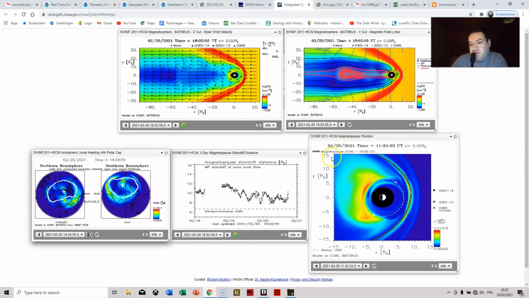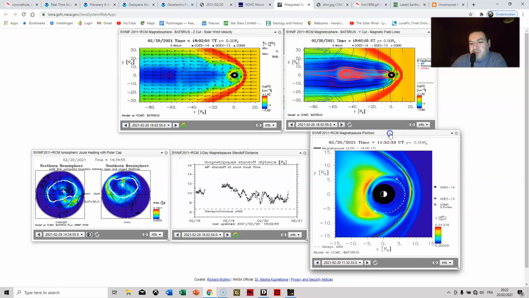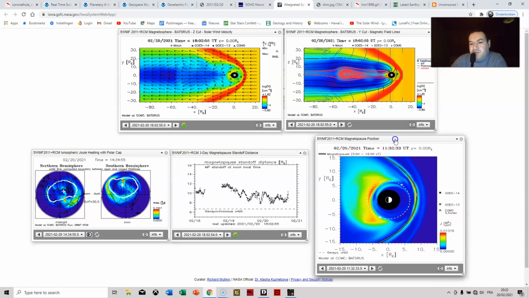Looking at the last simulation, this is again the magnetopause position, and we see it is too close to geosynchronous orbit. However, this time the bow shock stays in good shape.